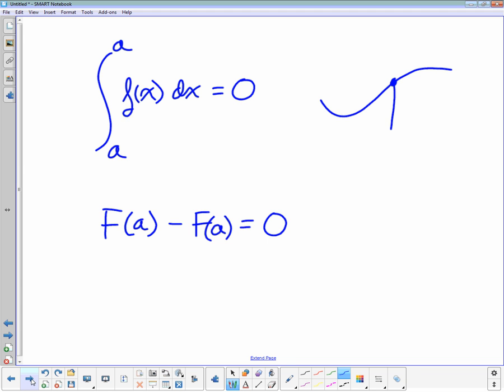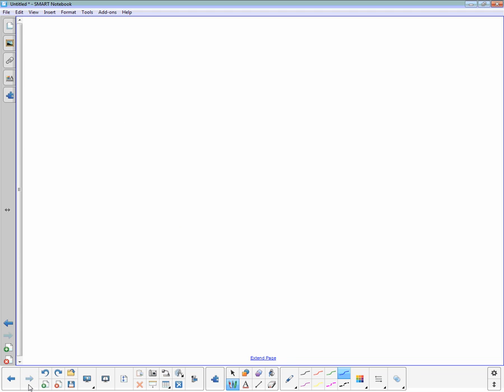Okay, here's another one that's very important. What do you think would happen if I flipped the bounds? So instead of it going from A to B, it's now going to go from B to A. Same area, but negative. You're going backwards.